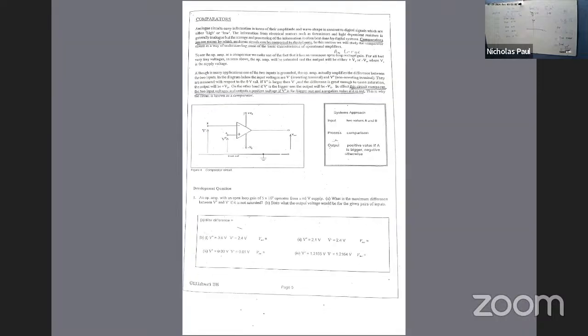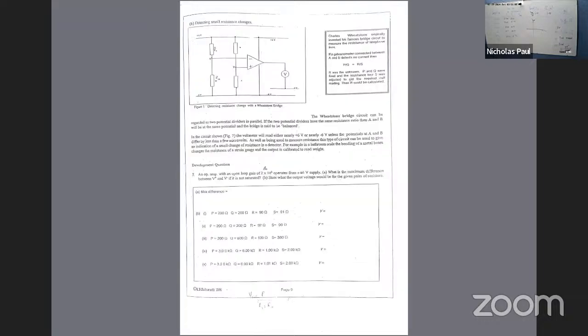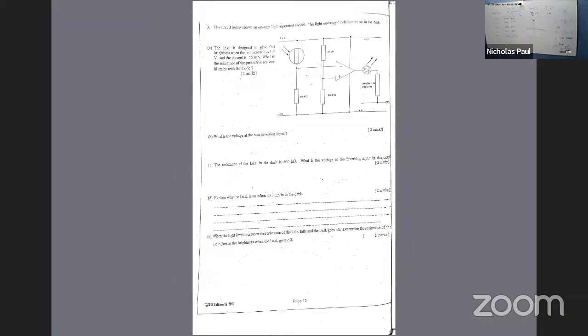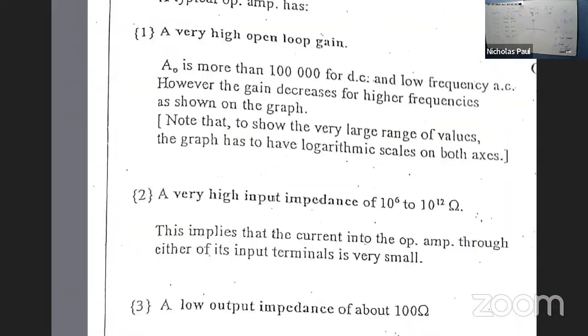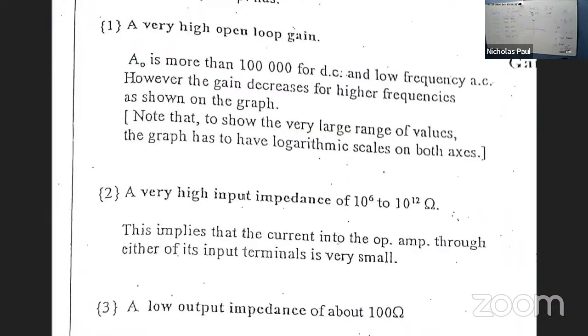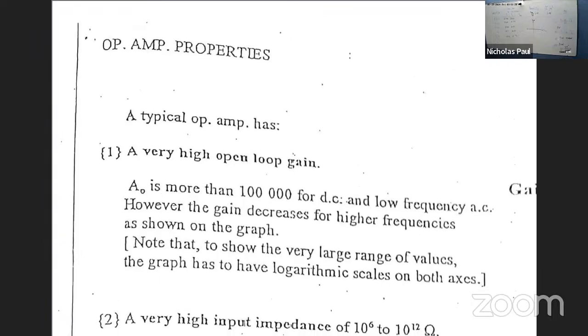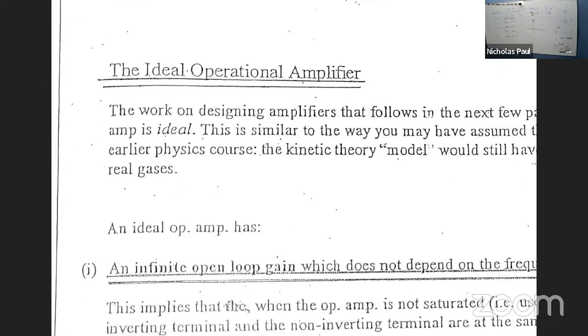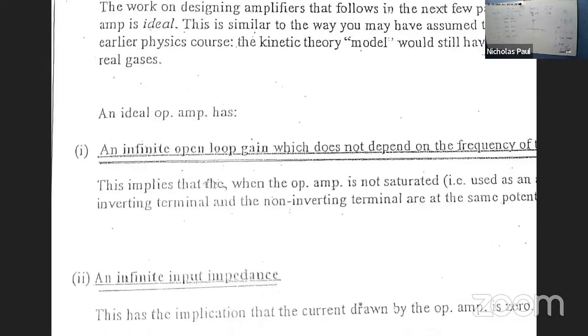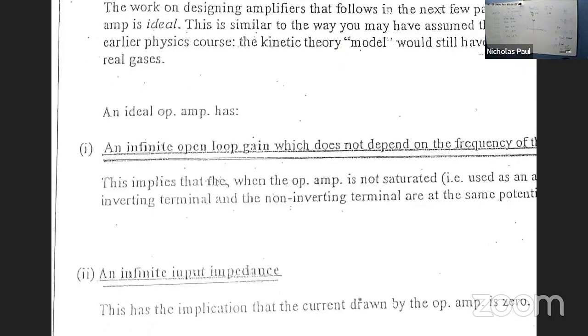So we have application, but before we do that, just take a look at this here. These are the assumptions of the op-amp. Every op-amp is assumed to behave like this in an ideal world. The open loop gain is infinity. What it's saying here is that I give you an op-amp and I give you 0 input, and I want infinite output.